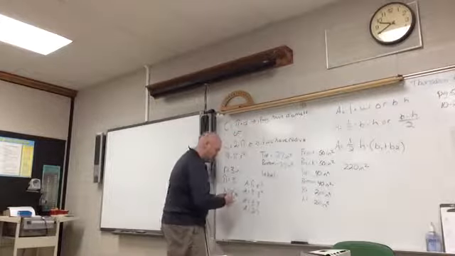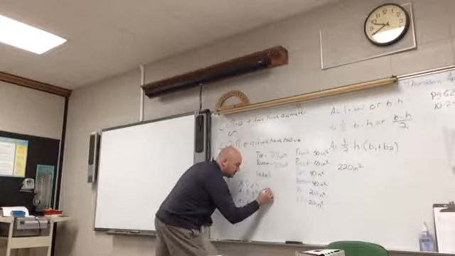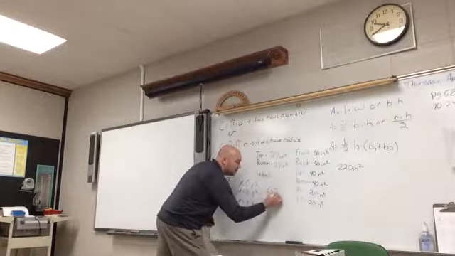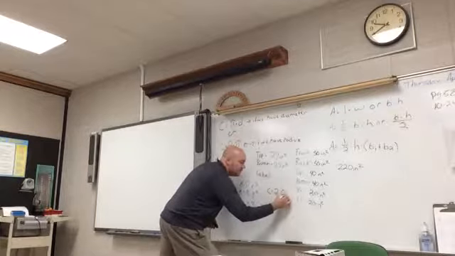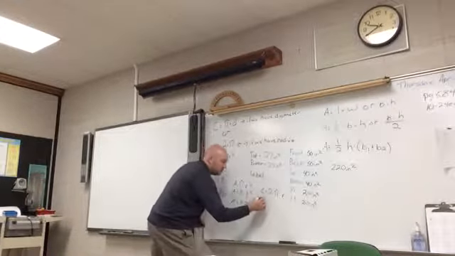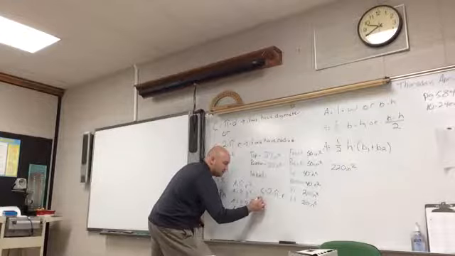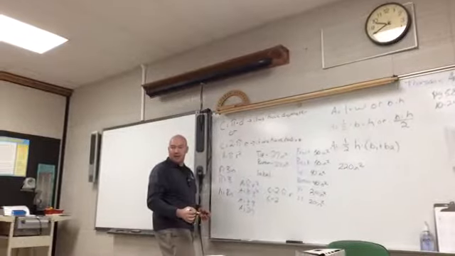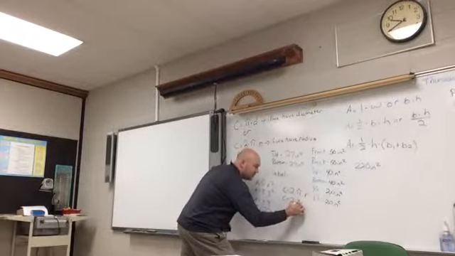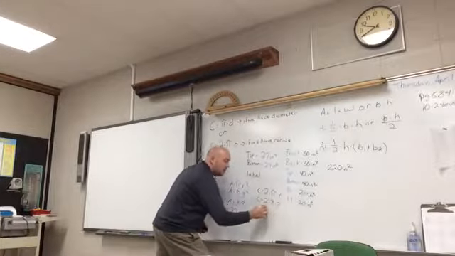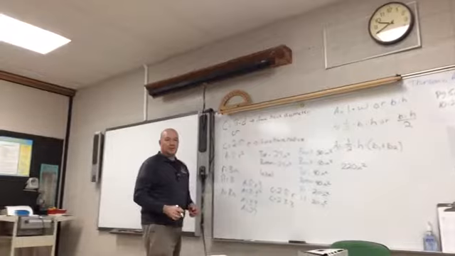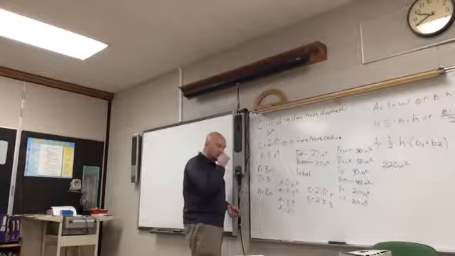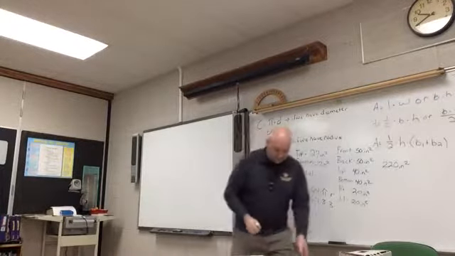So we're going to go circumference equals 2 times pi times the radius. Circumference equals 2 times, what did we say was pi? 3. What's the radius? 3. What is 2 times 3 times 3? 18.